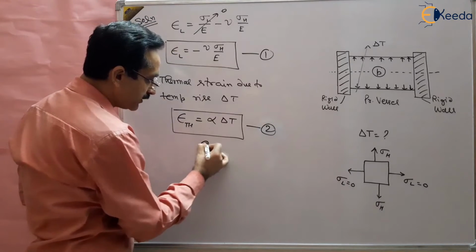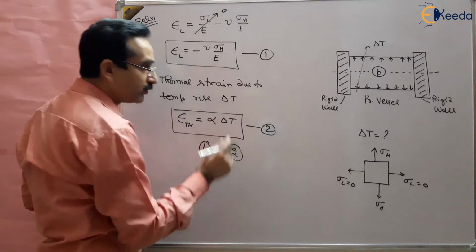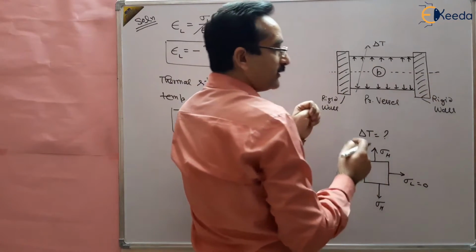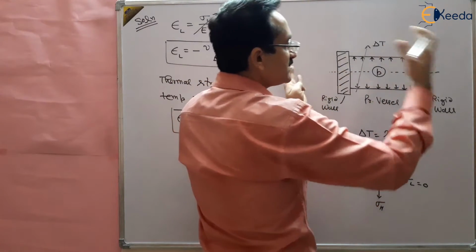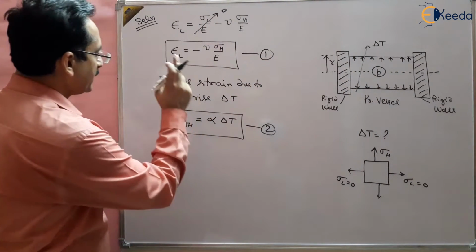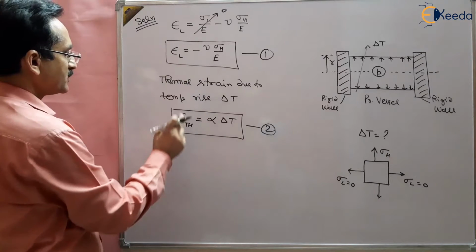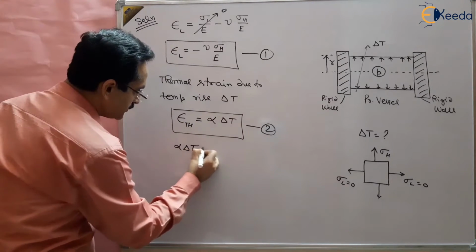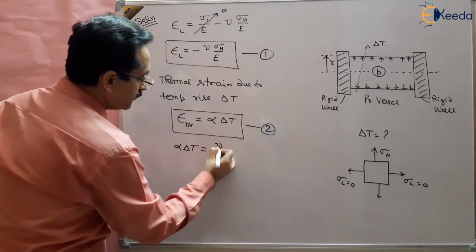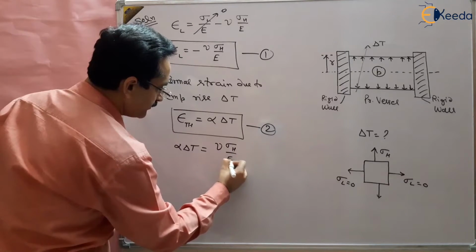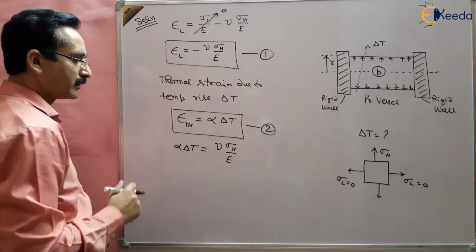So 1 should be equal to 2 for no leakage of the gas, so that whatever decrease in length there is, there should be the same increase in length due to this temperature rise. So we can write that this linear strain should be equal to this thermal strain. So alpha delta T should be equal to mu sigma h upon E, where we can remove the negative sign. This can be obtained, right?